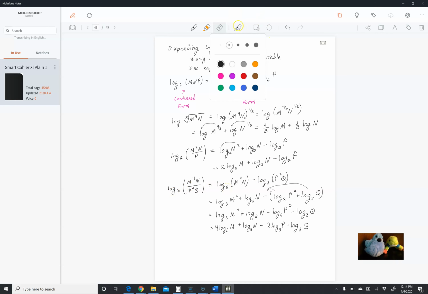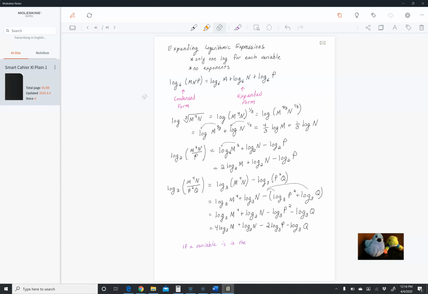So let's write that down. If a variable is in the numerator, the log is positive. And if a variable is in the denominator, the log is negative.